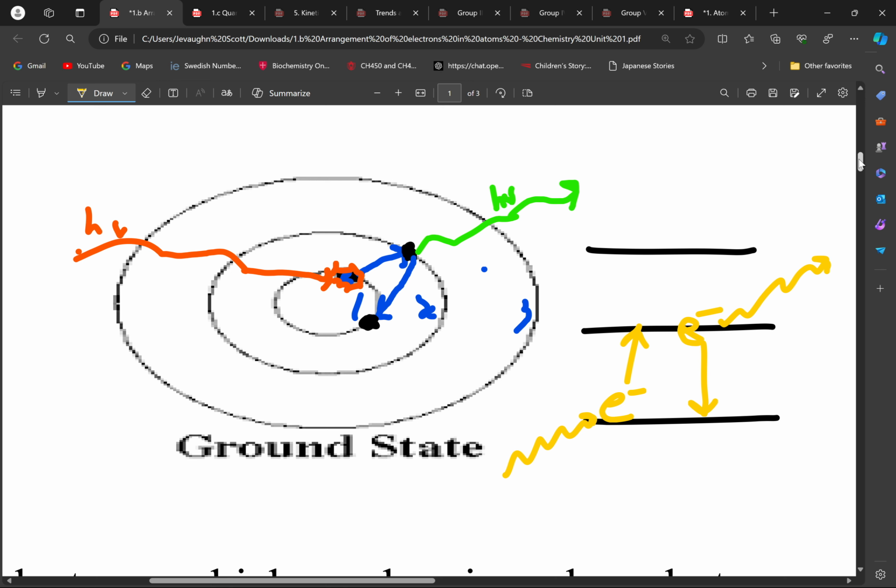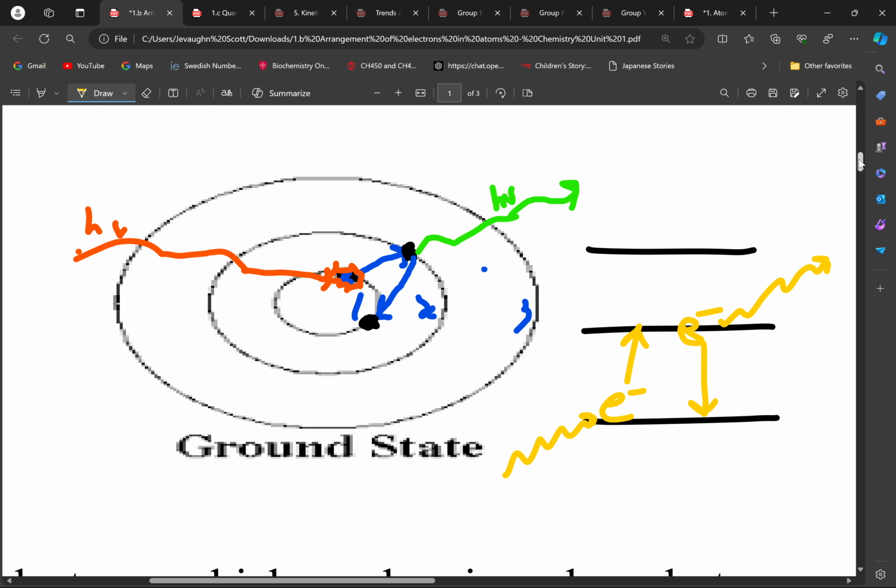This is how we can identify what atom something is, because different amounts of electrons are present within different atoms, and the electrons can exist within different energy levels. So if we record the different light energy that is absorbed or emitted, we can form a spectrum.